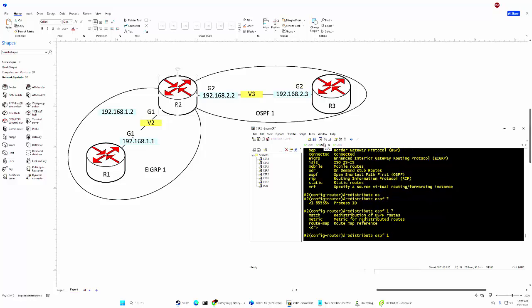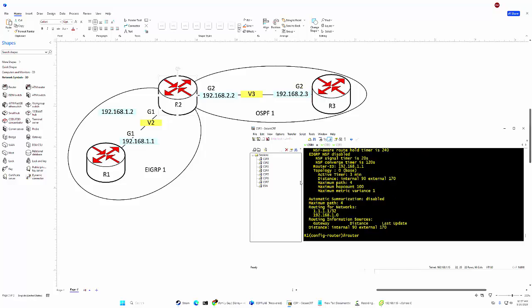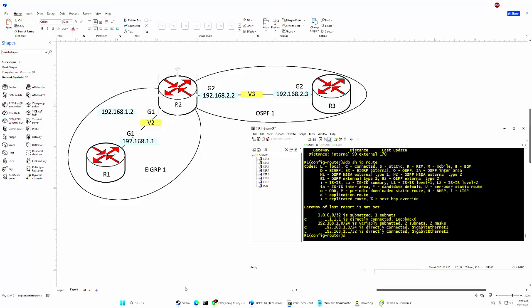Now here is the thing. I just redistributed OSPF. So what that command does is two things, and we're going to find that it doesn't work. No EIGRP routes on router 1.